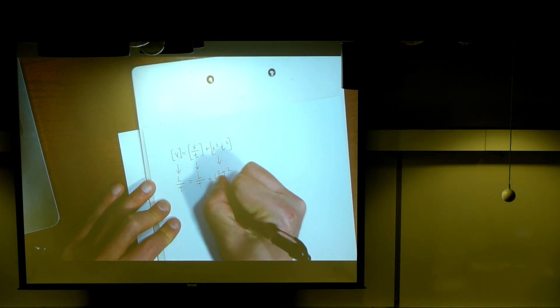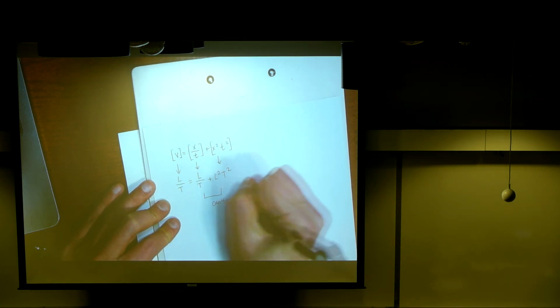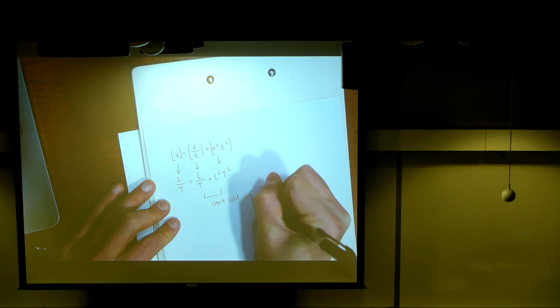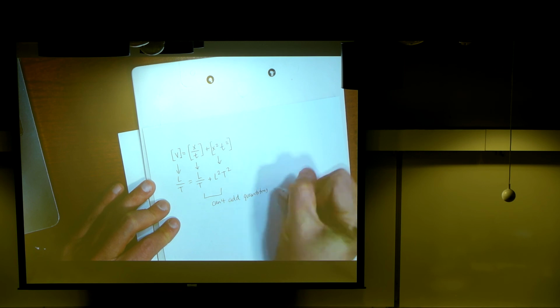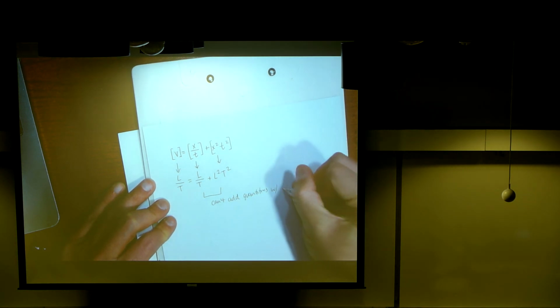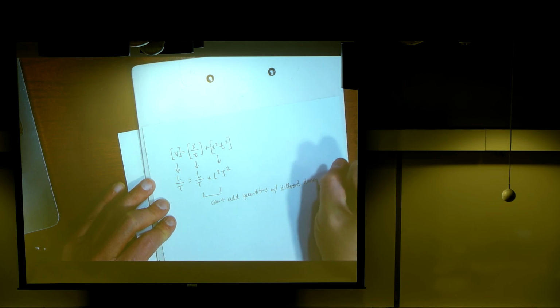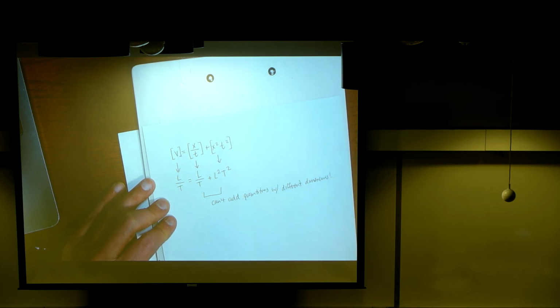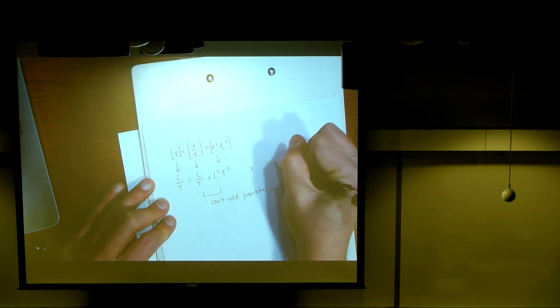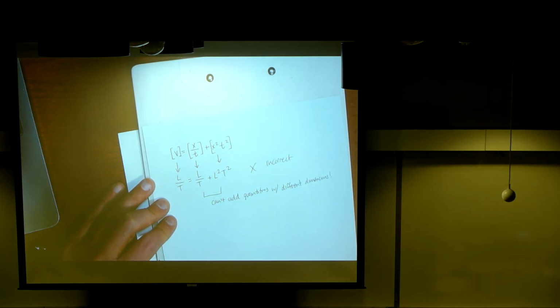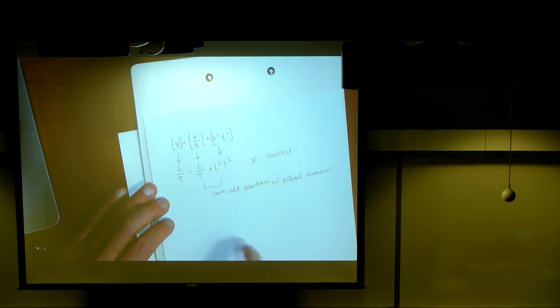So you can't add quantities with different dimensions. So this is incorrect. Okay, we don't even need to know anything about this equation other than its dimensions, and we can automatically say it's incorrect, okay? Now, that was the first example.